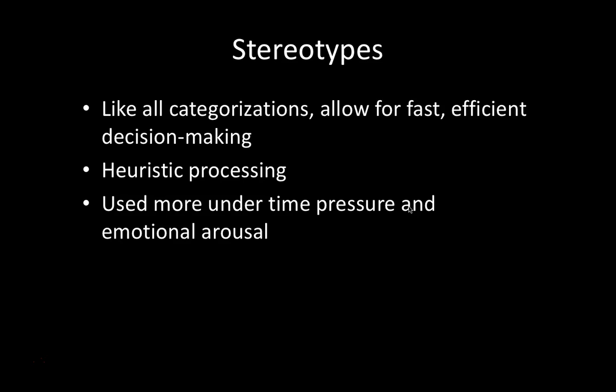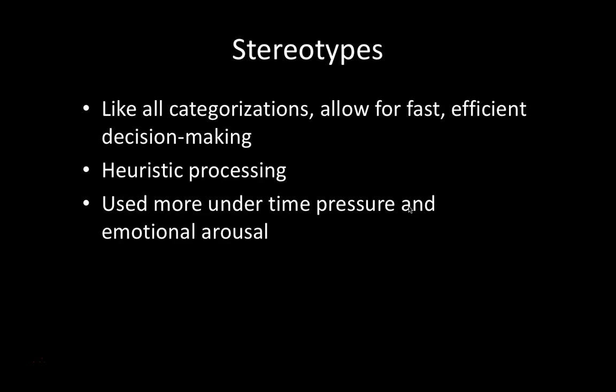But most stereotypes have a small kernel of truth. It is more likely that this particular group, to some extent, will behave in this particular way compared to another group, for example. So there might be a kernel of truth, but the problem is it's overgeneralized to apply to all of them.